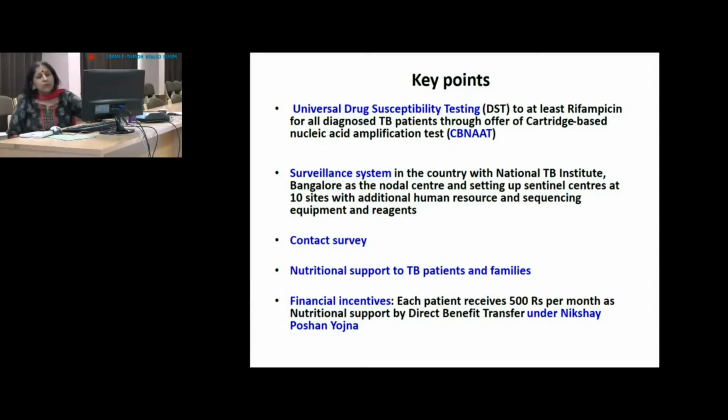In UP, we have also started another very unique program under the leadership of our Honorable Governor. Under this program, children with TB are being adopted by various families. So our own SGPGI faculty members and staff members have adopted children with TB and their families, and they provide them nutritional support, which is other than the 500 rupees under the Nikshay Poshan Yojana.